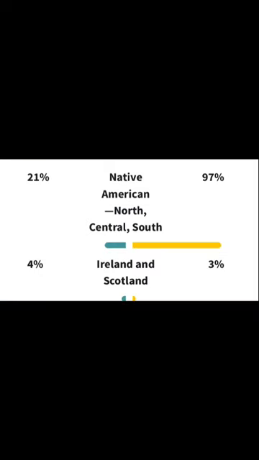So this is the side by side comparison of me and my Native American cousin. A little bit of backstory: my second great grandfather is her only European ancestor, and you notice the 3%.